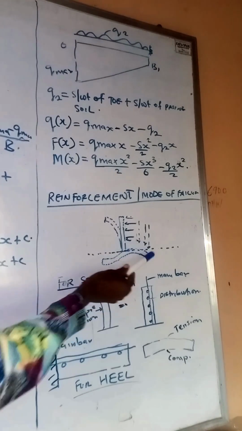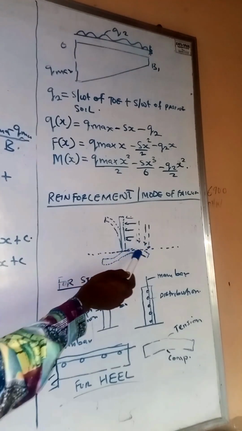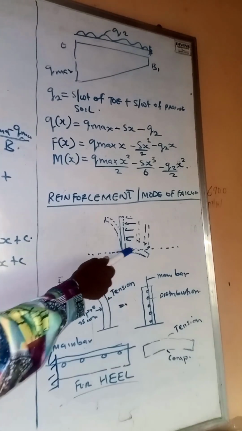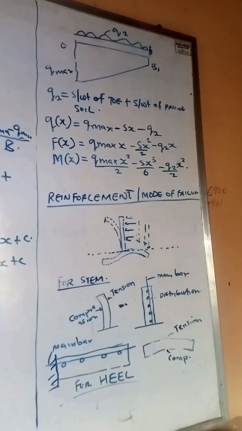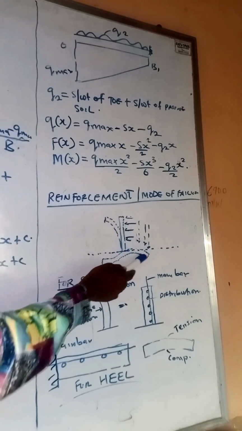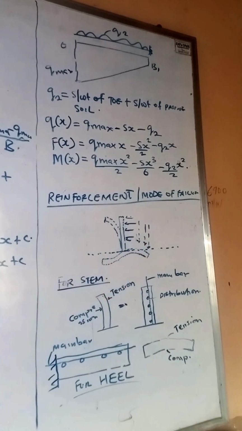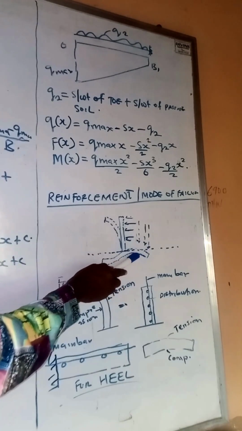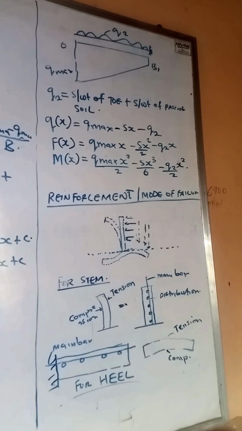Similarly, if you look at the heel, while there's a lateral force acting in that direction, there's also a vertical force trying to withstand the bending effect on the heel. At the top surface of your heel, you have tensile stresses developed, while at the bottom of the heel slab, you have compressive forces.